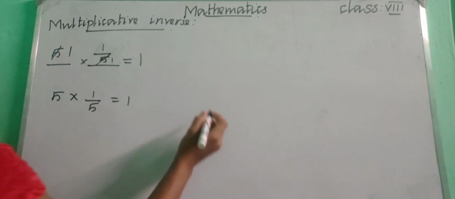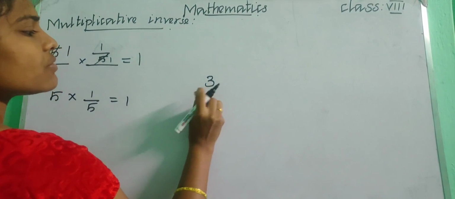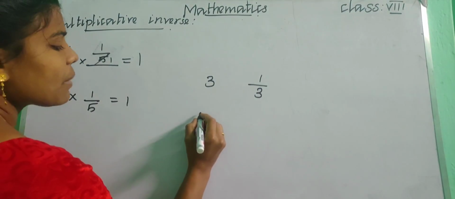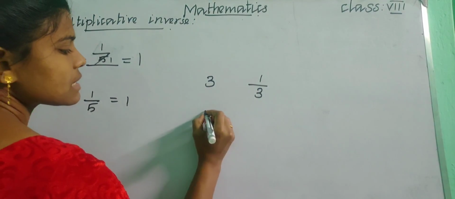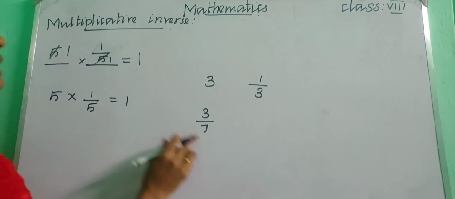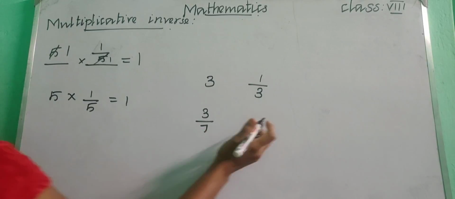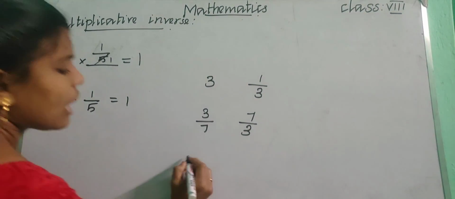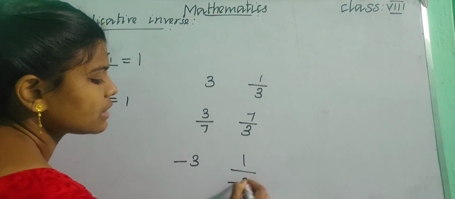Okay children, so if you are having a rational number 3, so what is the multiplicative inverse of this 3? 1 upon 3. Okay, so if I am having the rational number as 3 upon 7, so what is the multiplicative inverse or reciprocal of 3 upon 7? 7 upon 3. Okay children, and if we are having minus 3, so what is the answer? 1 upon minus 3.